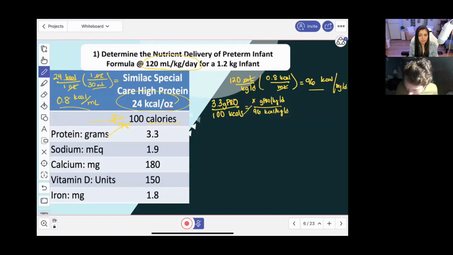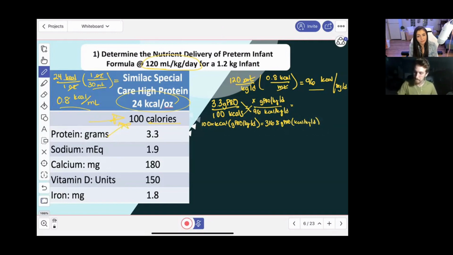So here we have 100x kcals times grams of protein per kilogram per day equals, we're going to cross multiply again, 3.3 times 96, which is going to give us 316.8 grams of protein times kcal per kilogram per day.